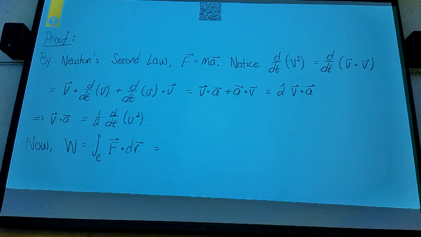Work is that line integral. We said F is m a. But dr is v dt.